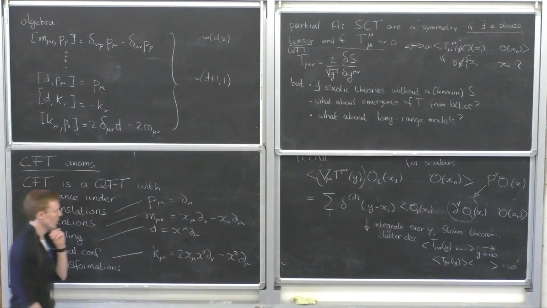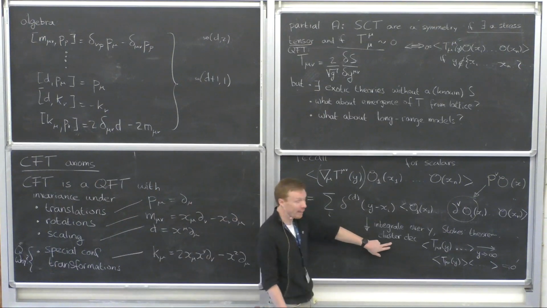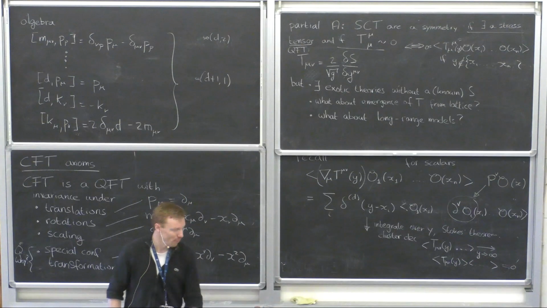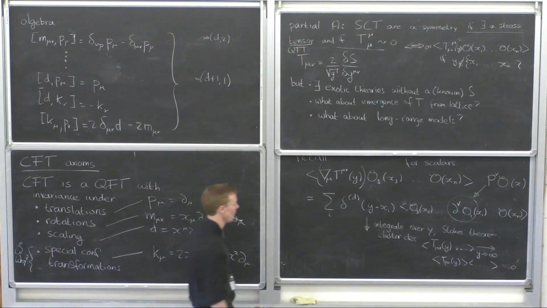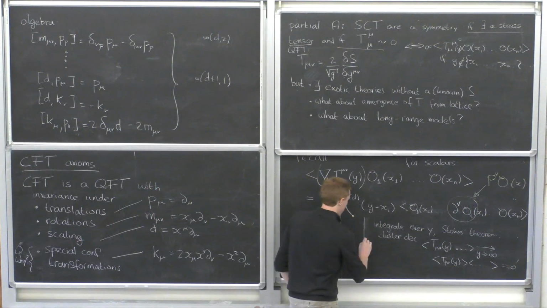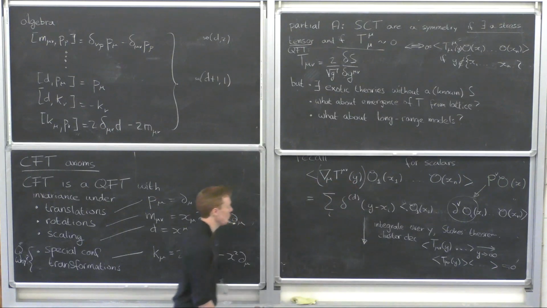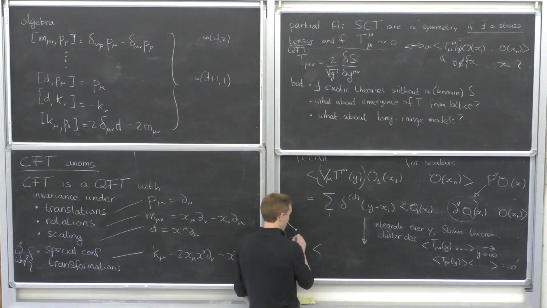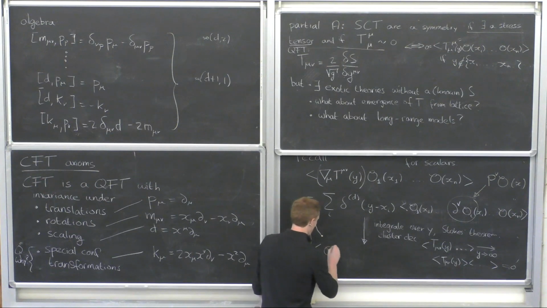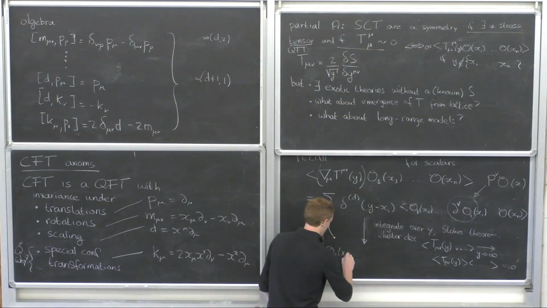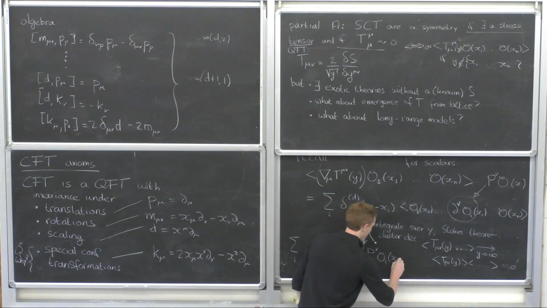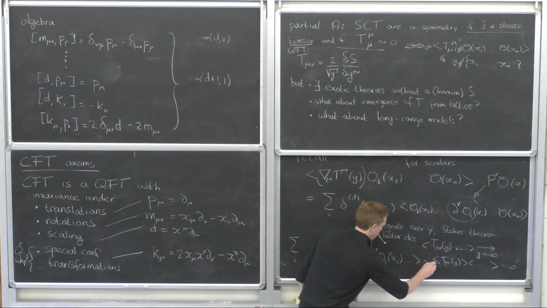So I snuck in another axiom here, which is cluster decomposition, which is again due to some idea of locality. But if I assume all that, then I get what I want: the sum over i of <O_1 ... ∂_nu O_i(x_i) ... O_n> equals 0.